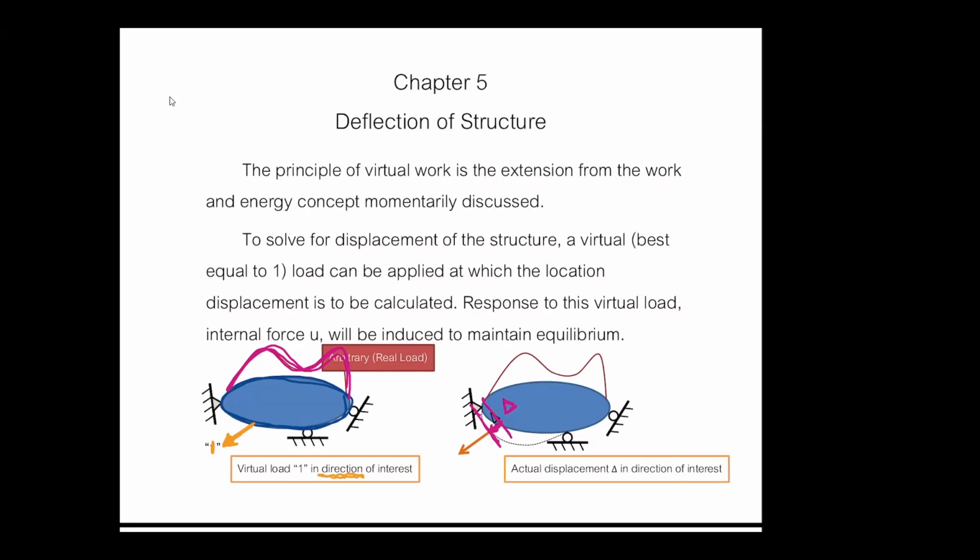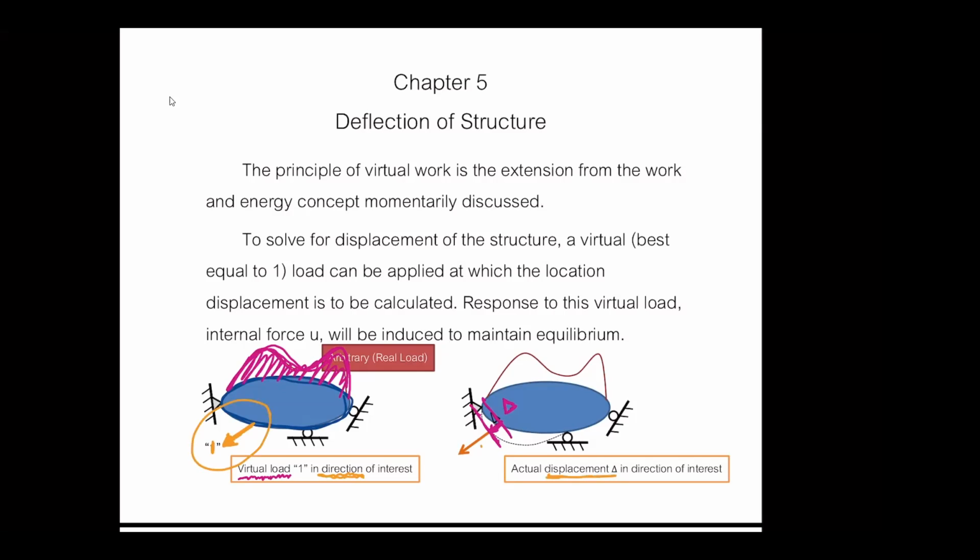So the work done by this virtual load, it's not actual. Remember, it's the load that I sneaked in and attached to the structure. The actual load is this one that forces the structure to deform. This is our imaginary load, attached onto the structure. So when the structure deforms, this virtual load will displace by the exact same amount as the deformation of the structure.